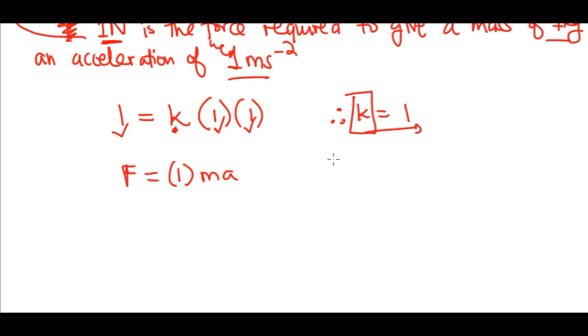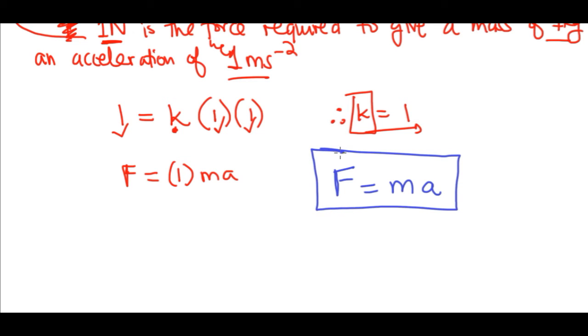Writing it much more nicely, this is a very, very important formula: F is equal to MA. Another very important formula for motion. I can call this maybe number 4 on top of those 3 that we had for equations of motion, right?